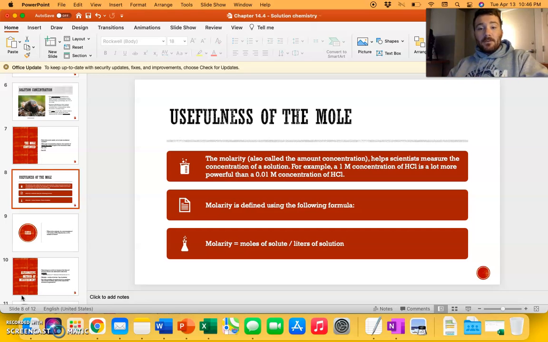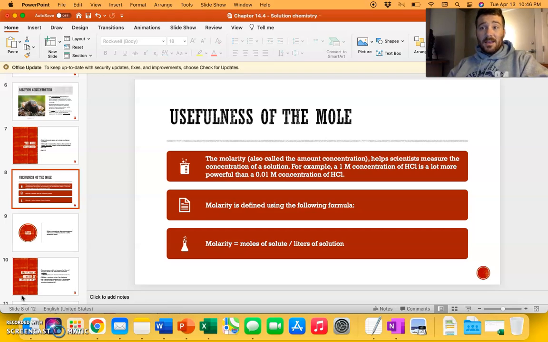Molarity. What is it? Moles of solute divided by liters of solution. Molarity, also called amount concentration, really simply shows you what kind of concentration you're dealing with.